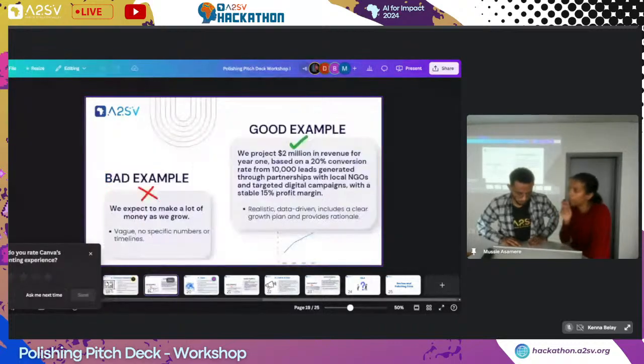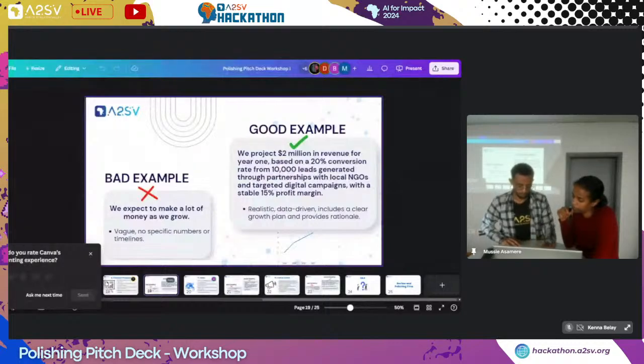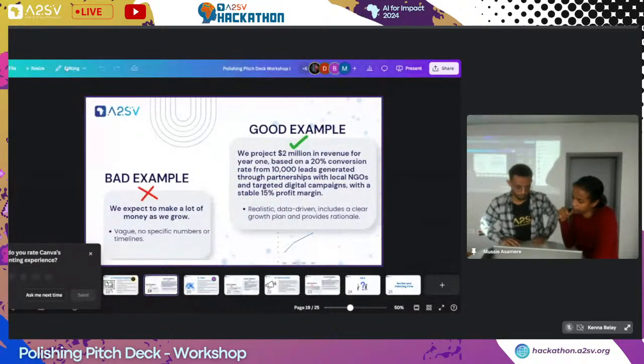We're not really sure what to put there or how to make good financial projections. So we are asking if the person assigned to us would be able to help us in that area.